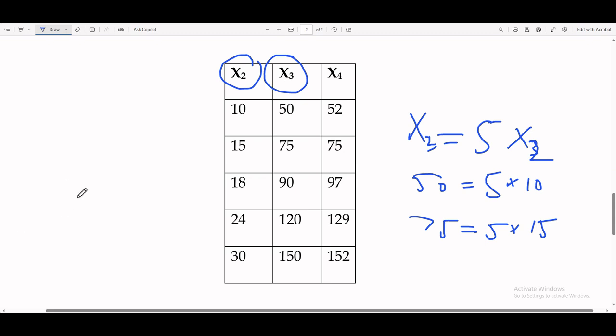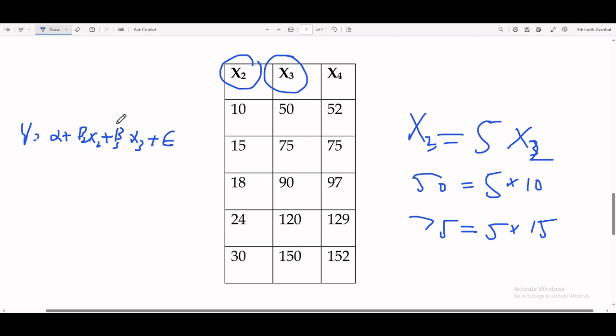Suppose that the model is y is equal to alpha plus beta 2 x2 plus beta 3 x3 plus error term.